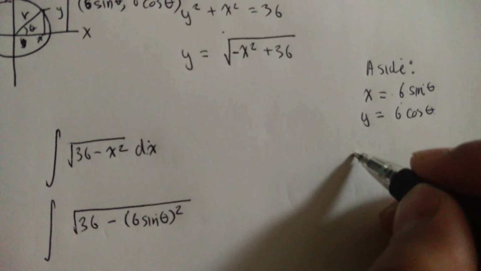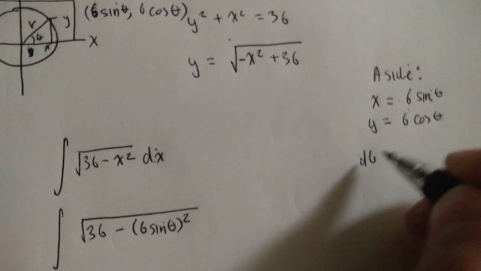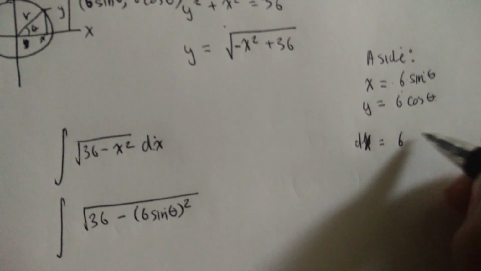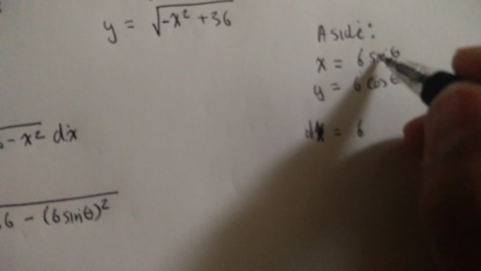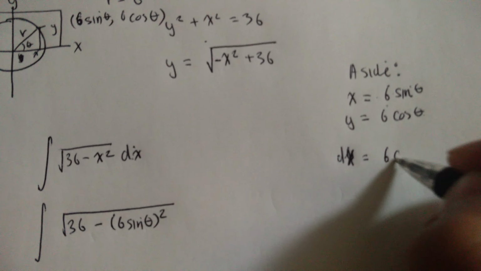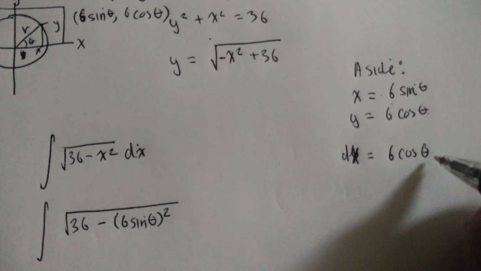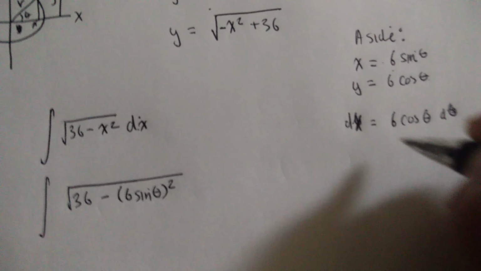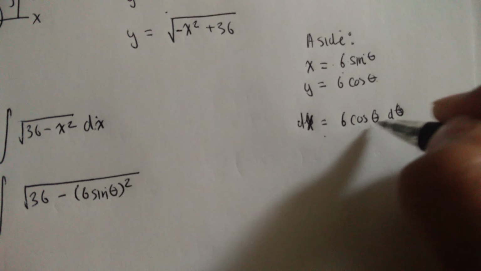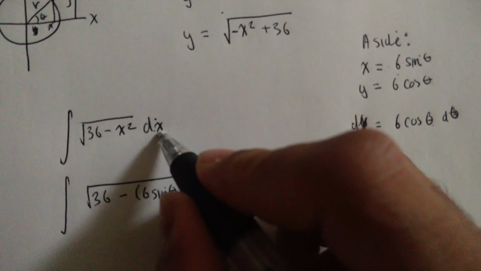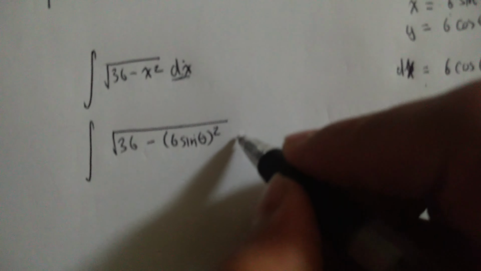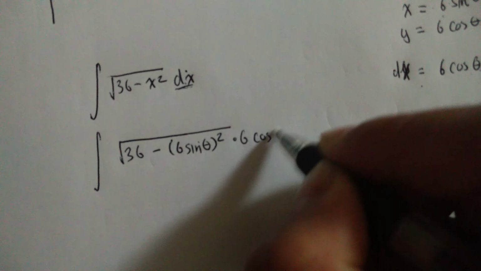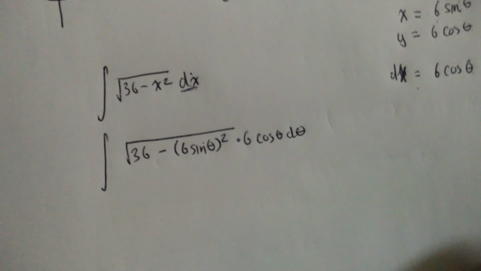So dx would be equal to 6 times the derivative of sine, which is cosine, so 6 cosine theta d theta, right? So dx is equal to 6 cos theta d theta, and we plug it in. So we get 6 multiplied by 6 cos theta d theta.